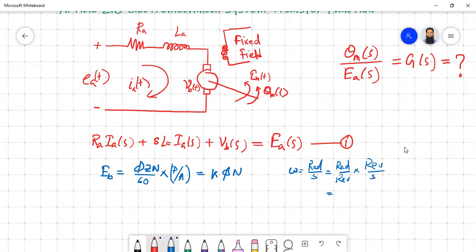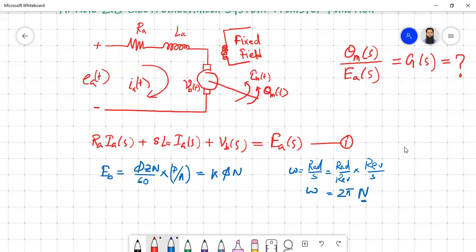Radian per revolution is 2 pi. If your n is in revolutions per minute, then use n by 60. We assume that this n is in revolutions per second. This is how you can relate it.